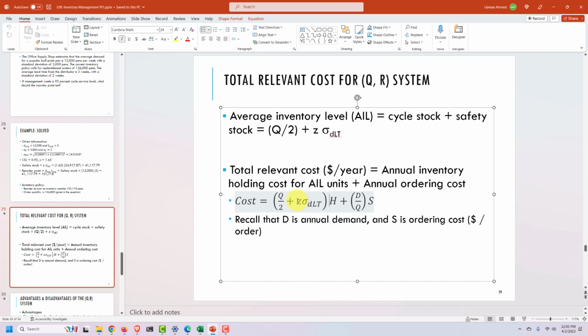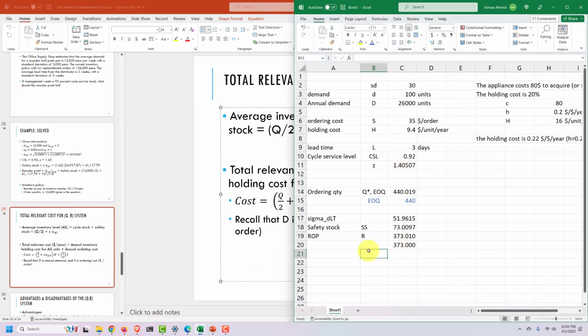Part of inventory holding cost is this again, Z times sigma DLT, your safety stock. So safety stock plus Q over 2, the whole thing added together times capital H, will give you the total holding cost per year. And then this term right here will give you the ordering cost. You add both of them together to get the total annual cost.